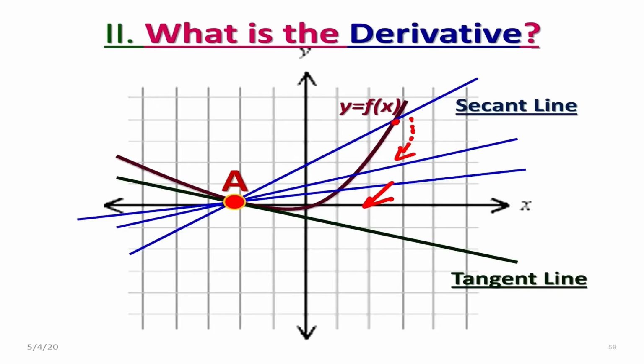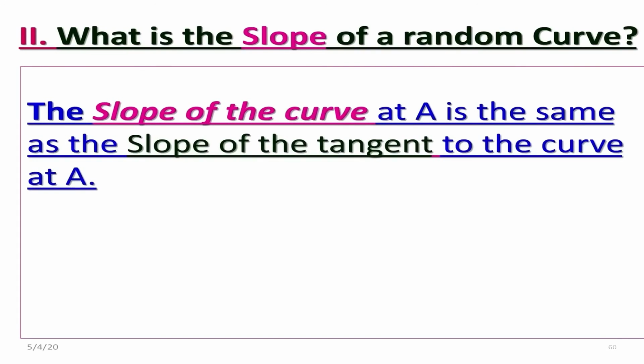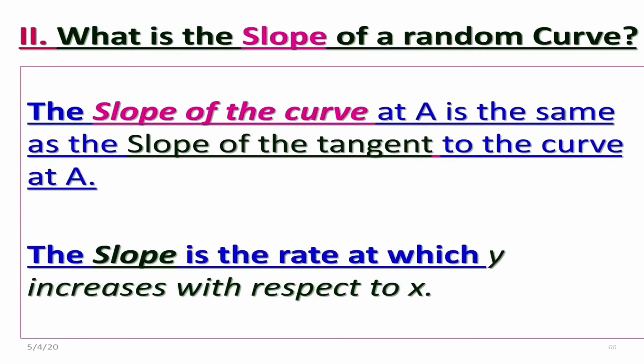We can get this value by moving this second line closer to the tangent line. So in a nutshell, the derivative of a curve at the given point is the slope or gradient of the tangent line at this point. So the slope of the curve at the point A is the same as the slope of the tangent to the curve at this point A.